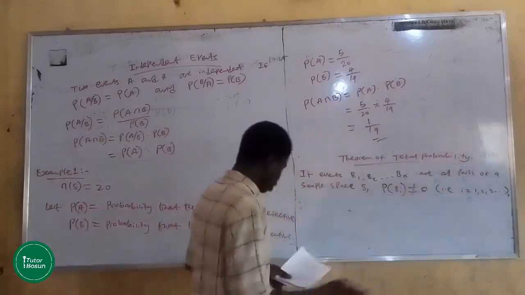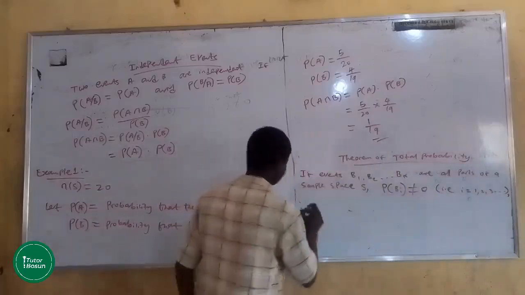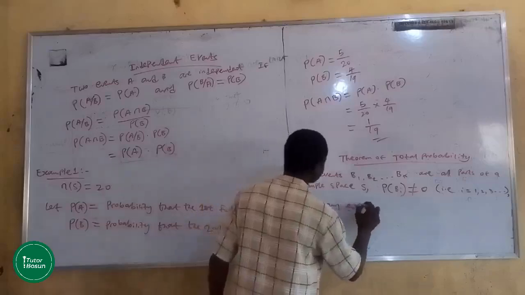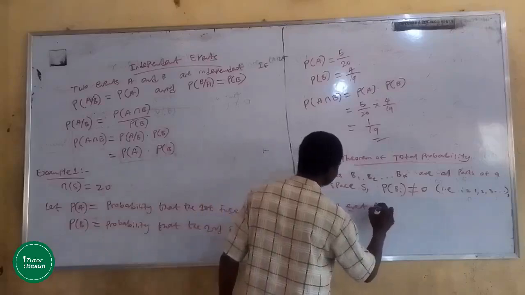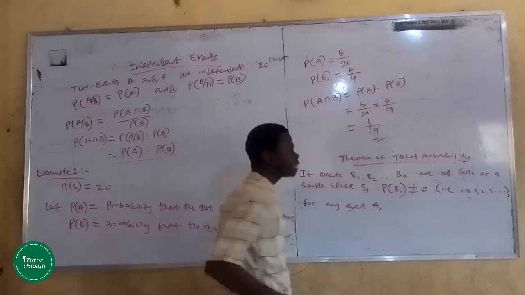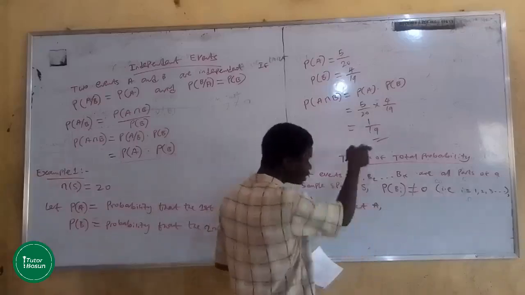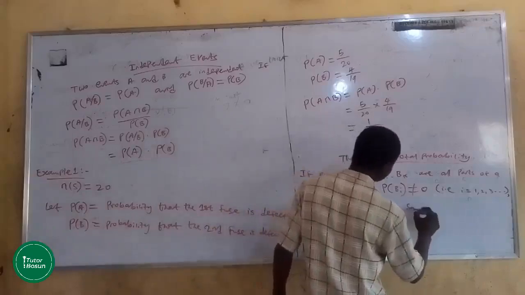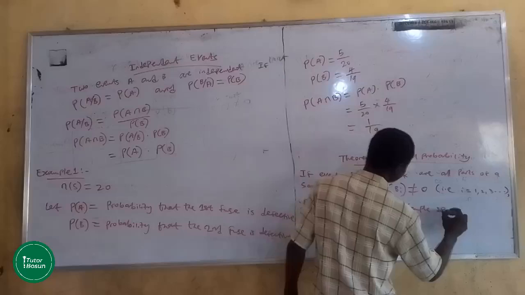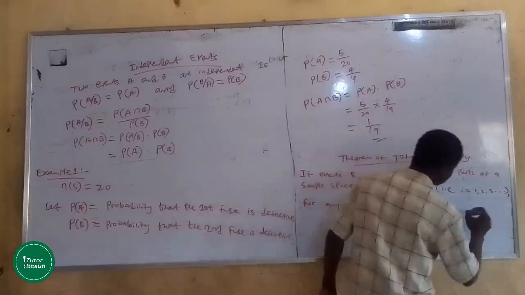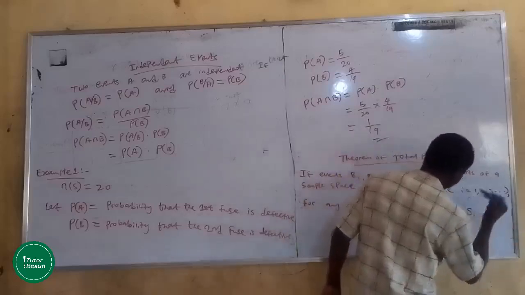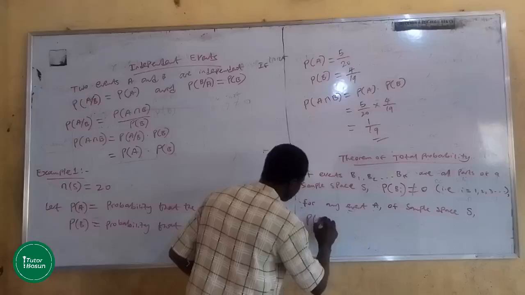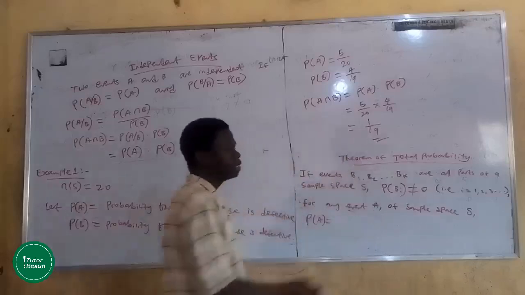Then for any event A of that sample space S, the probability of A is the total probability.